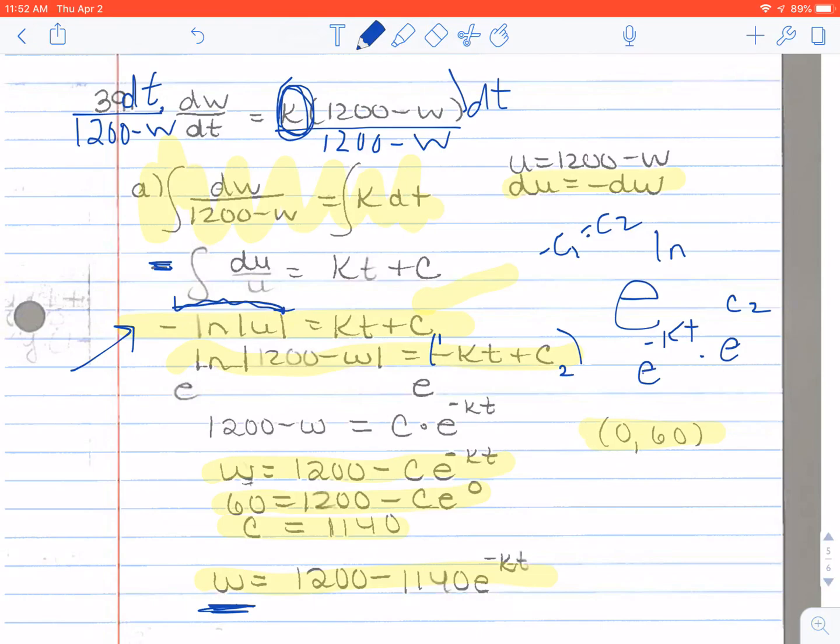E to the c is going to give me that c value. So I have y equals c e to the negative kt. And instead of the y, I have 1200 minus w. I can solve it for w. Use the initial condition of (0, 60). Find out that c value to get that equation.